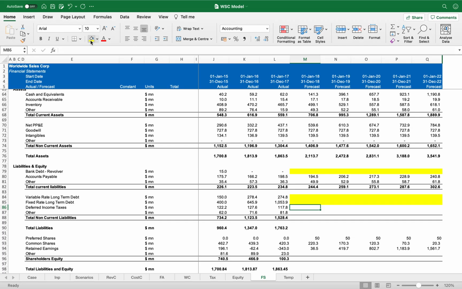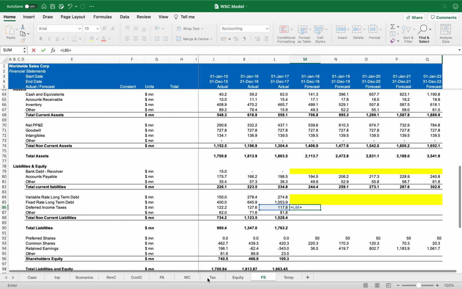Now, since we are talking about the balance sheet, and the balance sheet is going to have the balances, right? So what should I link in the deferred income taxes? The deferred income taxes would be whatever was the opening balance, whatever was the balance at the end of the previous year, plus whatever is my new deferred taxes.